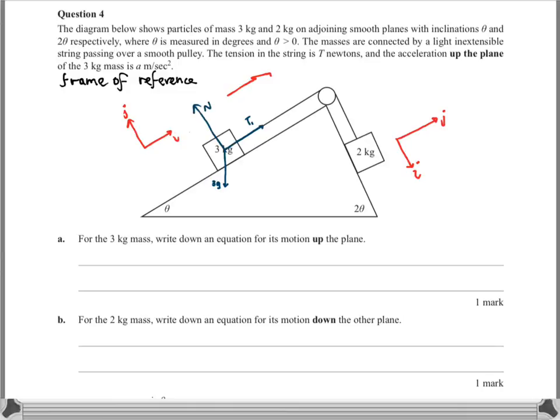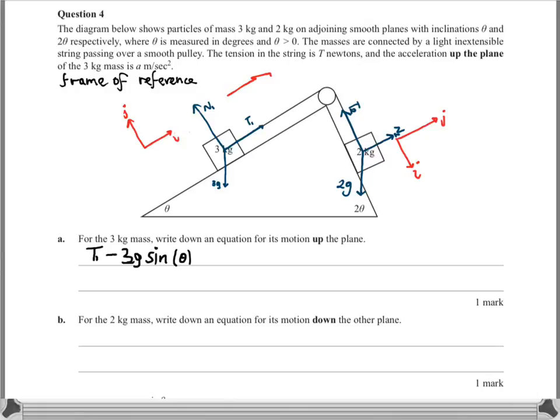Normal force is important when you're looking at friction, but at the moment we have smooth planes, so it's not that important. Then we have forces on the 2 kilogram block: the tension and the normal reaction force. And we've got a weight force, 2 kilograms, pulling it down.